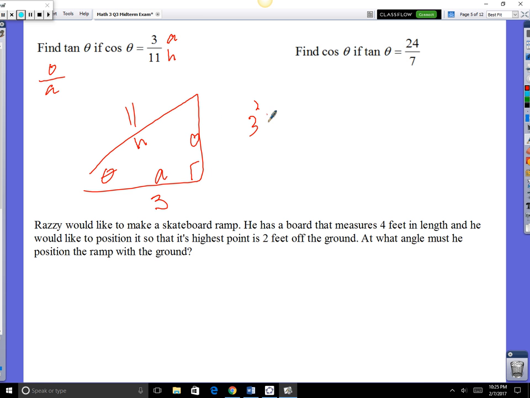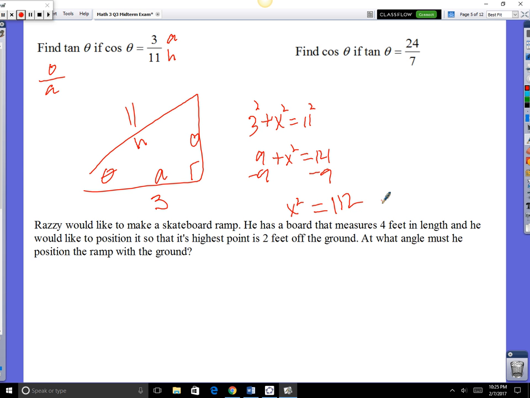So I'm going to go 3 squared plus x squared equals 11 squared. So we'll go 9 plus x squared is 121. Minus 9, x squared equals 112. Okay, 112 is not a perfect square.